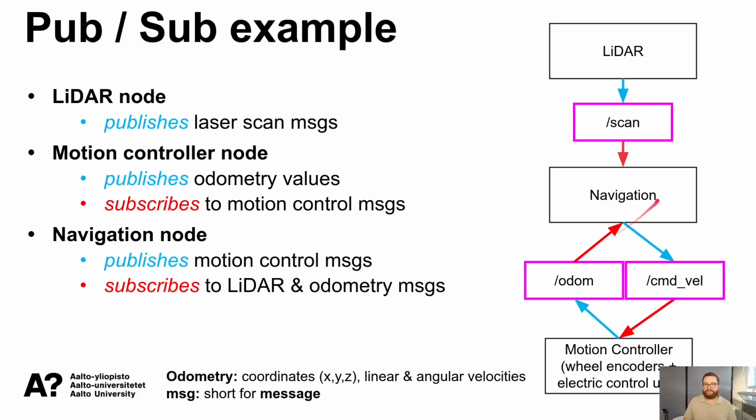It's providing this as feedback to the navigation node. And all this is handled by nodes and topic communication with publishing and subscribing. So this is a very concrete example, something that you could implement with Turtlebots or some other mobile robots or autonomous cars that you use with ROS.